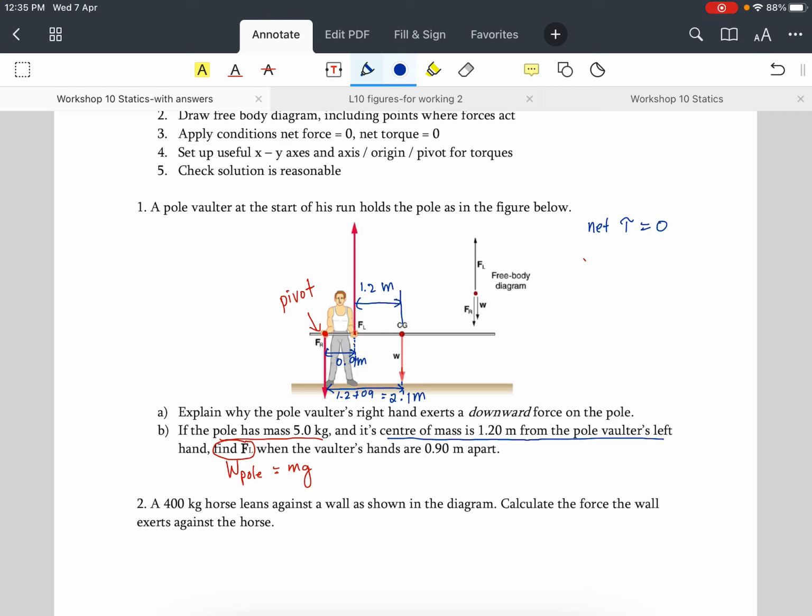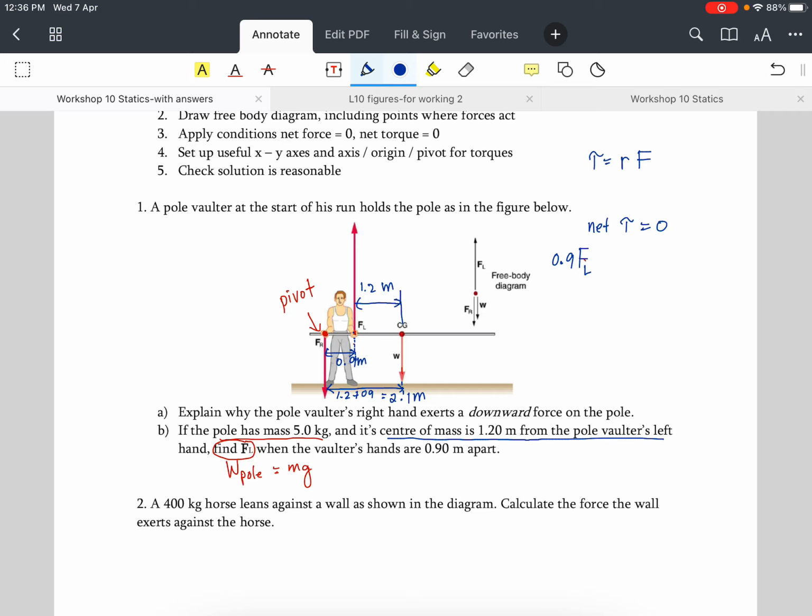So first, the force FL. Torque is equal to the lever arm multiplied with the force. Okay. So looking at the force FL, the lever arm is 0.9 meters. So that will be 0.9 multiplied with the force FL, which we do not know, so we just leave that as FL.